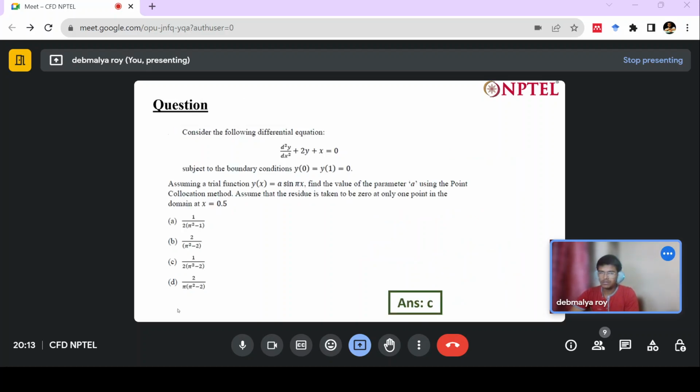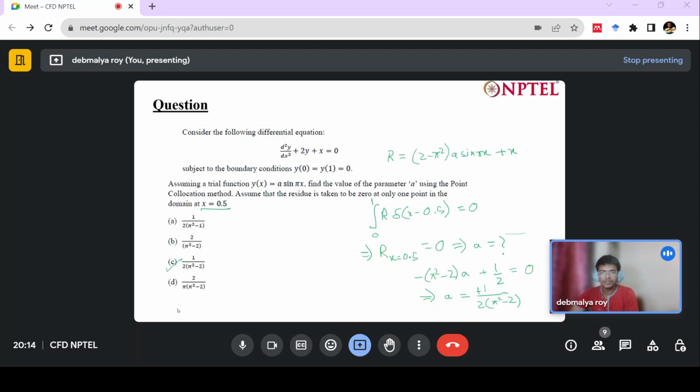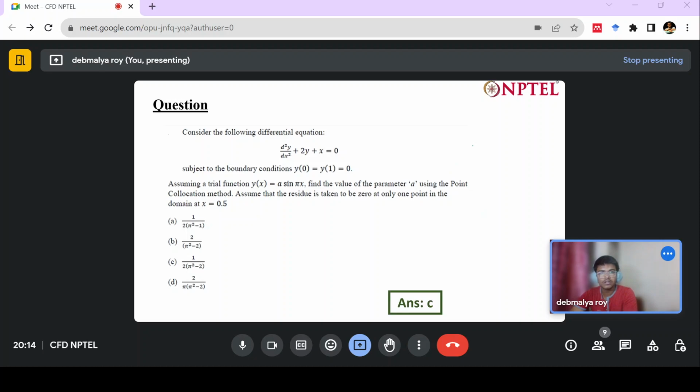Before going to the next topic, let's say we want to calculate the same question using Galerkin's method. What would we do?